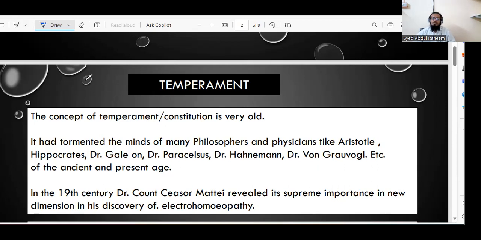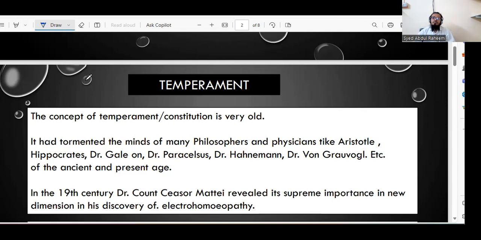Okay, they utilized this theory, but not completely. But after the 19th century, after Dr. Count, he systematically gave the complete picture about temperament, and it is important in electrohomeopathy as well.